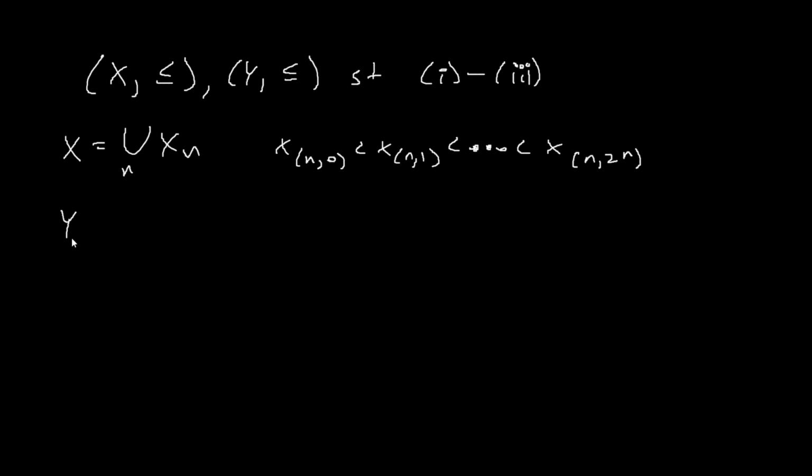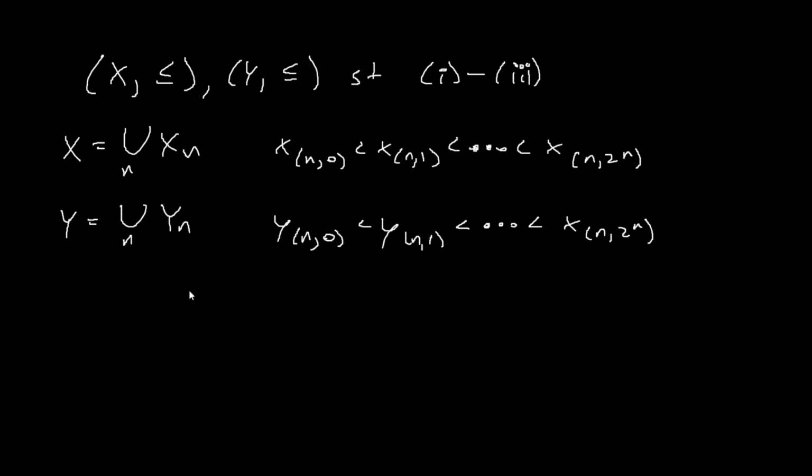And then we can apply exactly the same construction to Y, and we'll have elements at the nth step yn comma 0, yn comma 1, all the way up to yn comma 2 to the n.